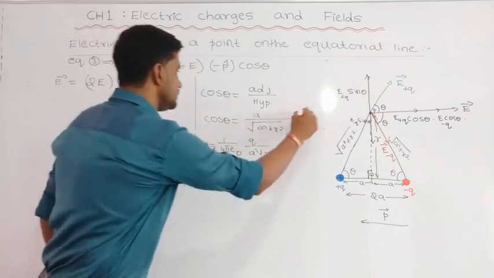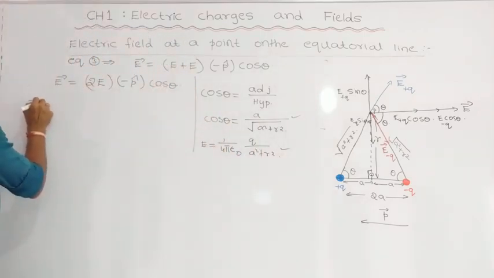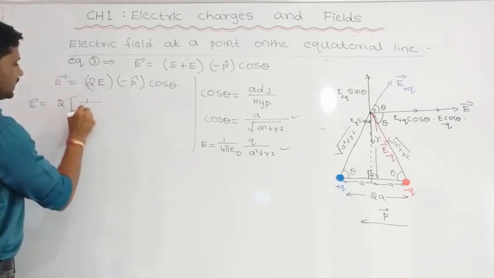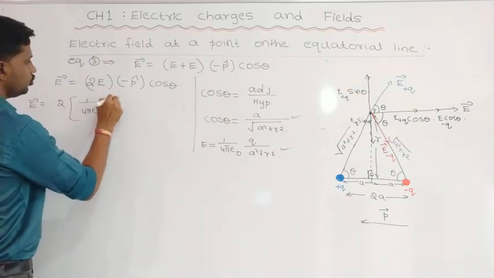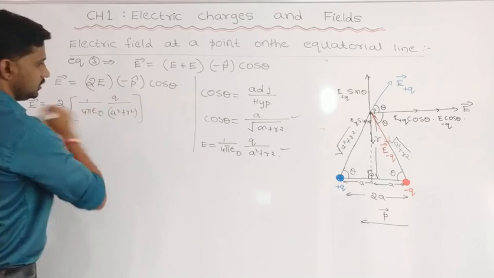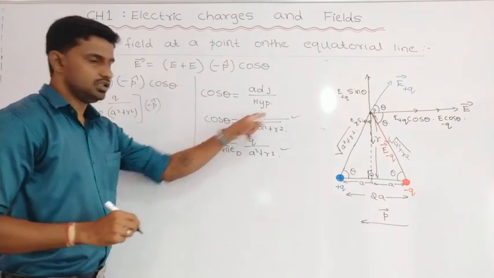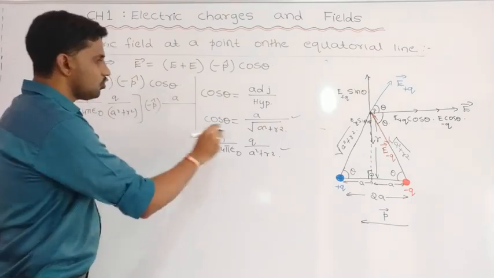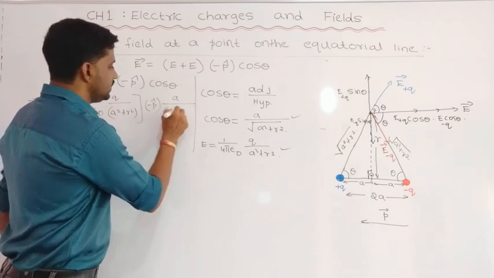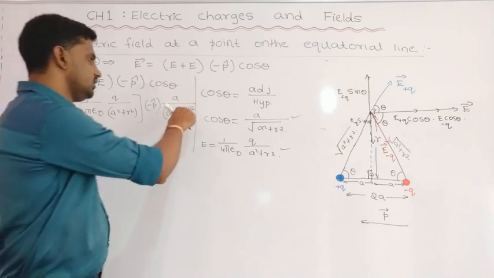If I substitute these two terms in this expression, then I will get E vector is equal to 2 into E, which is 1 by 4 pi epsilon naught Q divided by A square plus R square, into minus P cap cos theta, that is A divided by square root of A square plus R square. Square root I can write as A square plus R square to the power half, right?